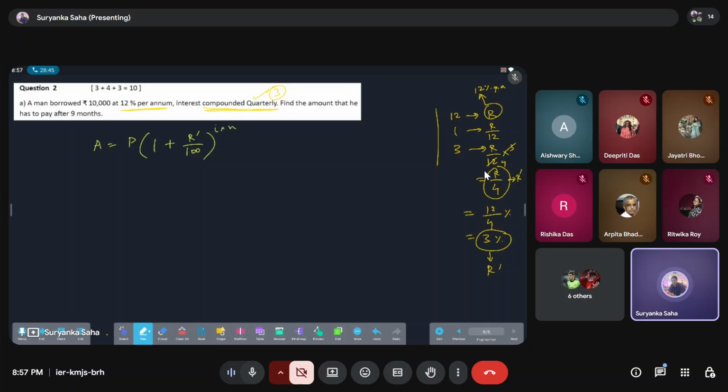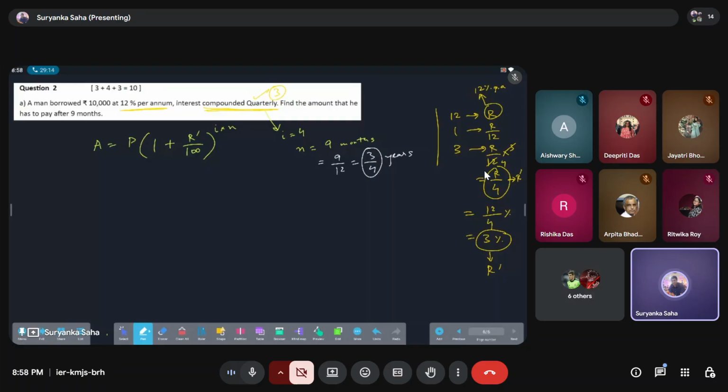Now compounded quarterly, so your I will be 4. 3 is the number of months in quarterly system and 4 is the number of terms. Now n is given 9 months, but remember n should be put in years. So it will be 9 by 12, that will be 3 by 4 years. So the value of n will be 3 by 4.